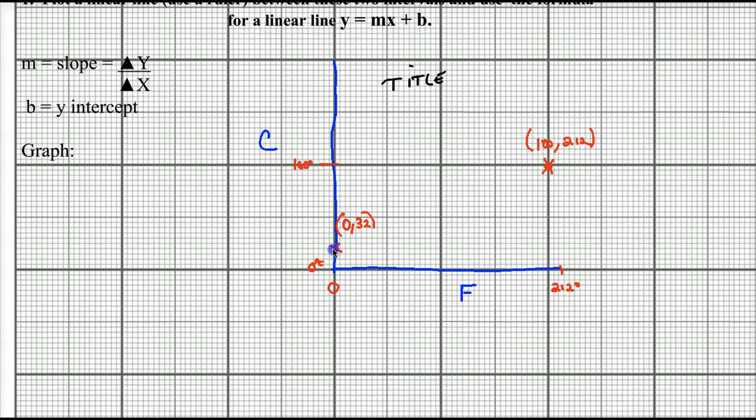Let's connect these points the best that I can. Not a great straight line, but you get the idea. We use a straight edge when you really do it. Now I have this straight line, and these two points are connected linearly, so I can use linear algebra, y equals mx plus b, something you've used many times before, and we're going to use this for a purpose.